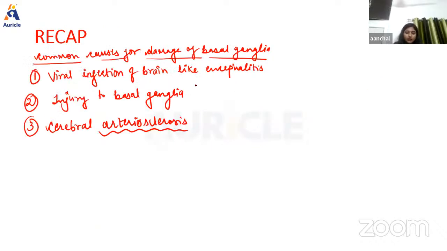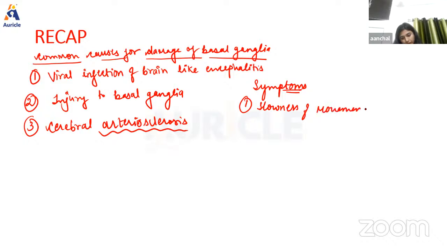Other symptoms are slowness of movement, then rigidity. Stiffness of muscles will occur in the limbs, resulting in rigidity of the limbs. Then there can be changes in gait.